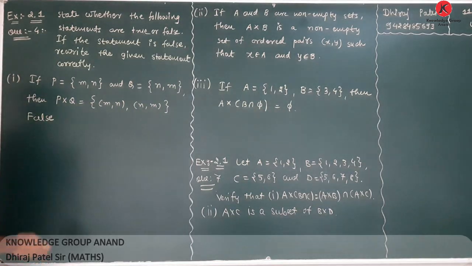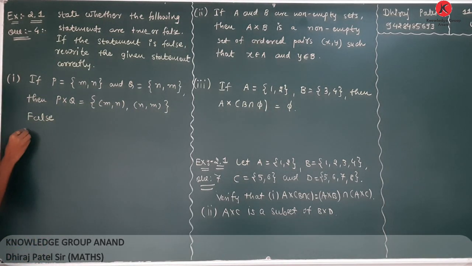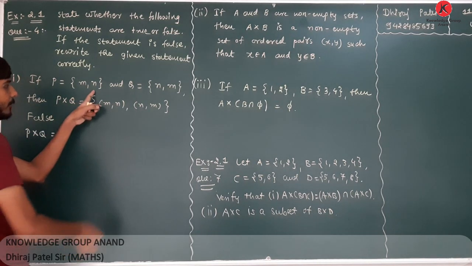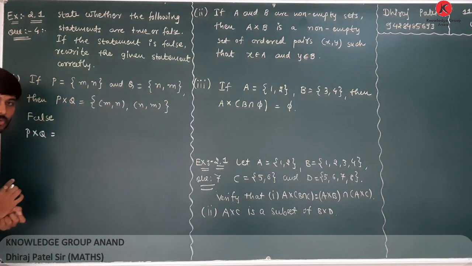First of all, I am finding P cross Q. What is P cross Q? Set P equals {m, n} and set Q equals {m, n}.